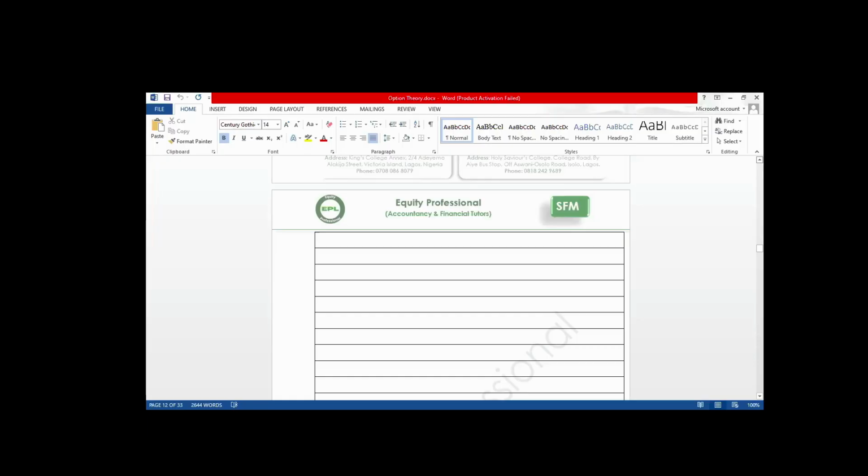The volatility is represented by the standard deviation.